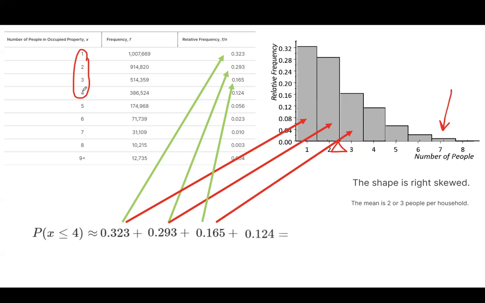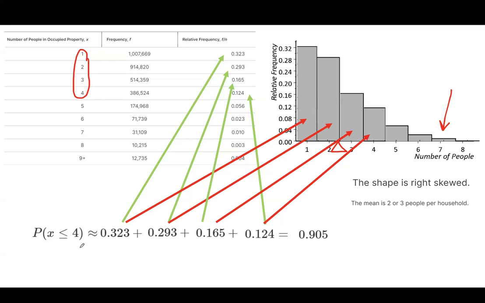And finally, add the probability that X is equal to 4, or 12.4%. And if you add all of these together, you get 90.5%. So the probability that you have at most 4 residents is 90.5%. This is one of the most important uses of the relative frequency. It helps you do the calculation for cumulative probability.